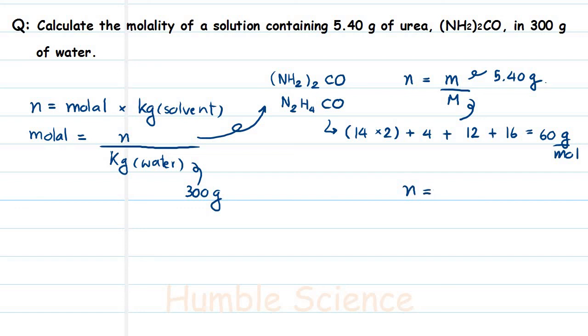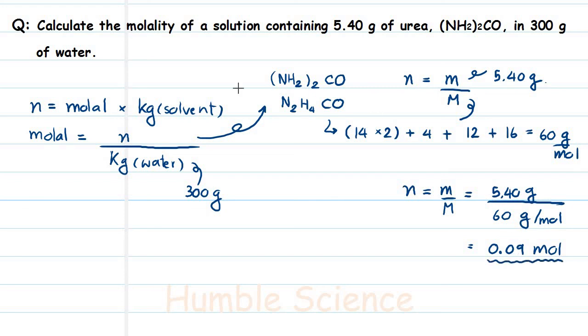n is equal to little m over big M. The little m is 5.4 grams divided by big M, which is 60 grams per mole. And that is going to give us 0.09 mole. Now that we have mole, we can plug it back into the original formula.